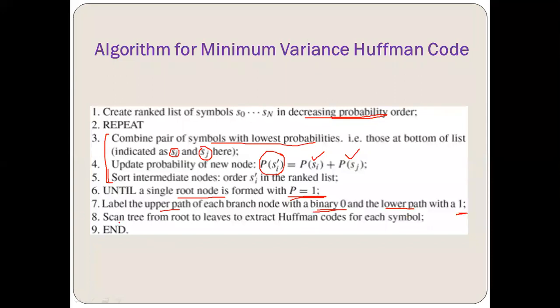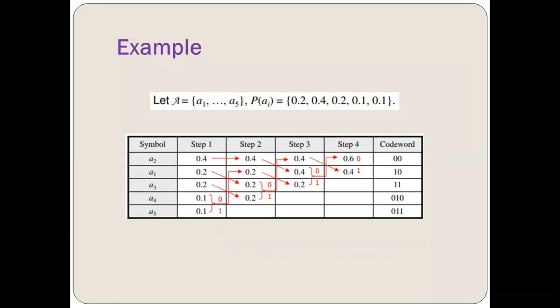Next, we scan the tree from root to leaves so that we can extract the minimum variance Huffman code. Now you must be thinking that this is the same as the Huffman code. I'll just let you know how there is a little difference in putting up the sequence.